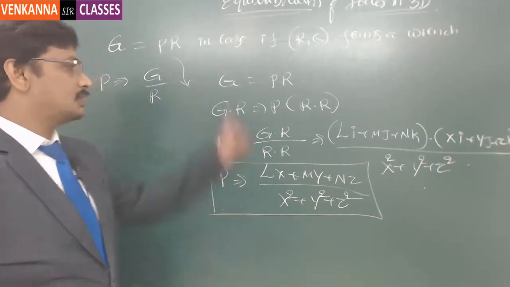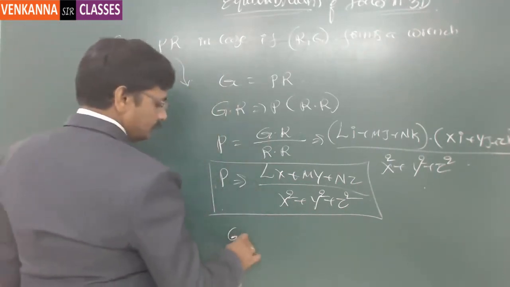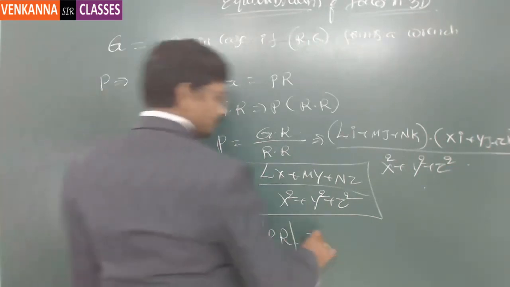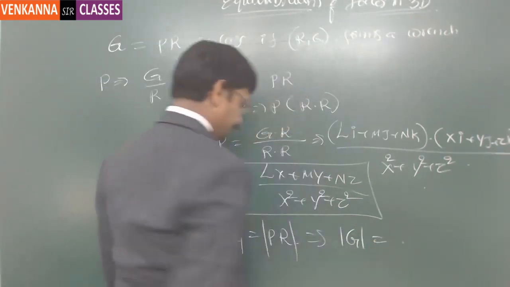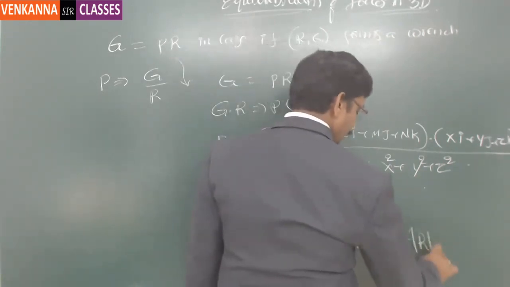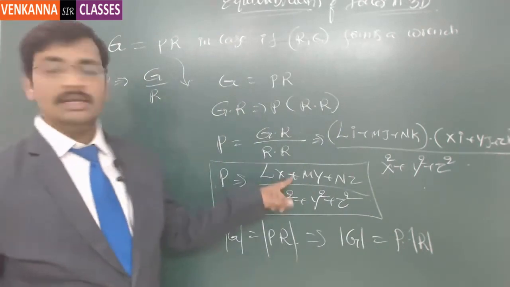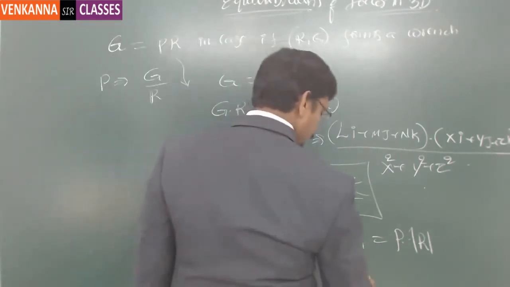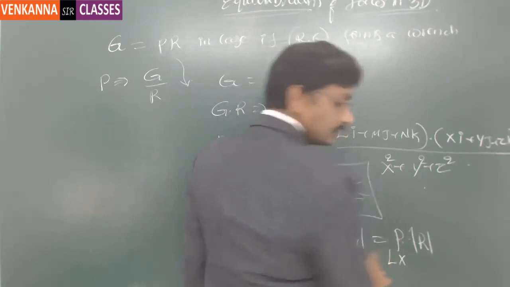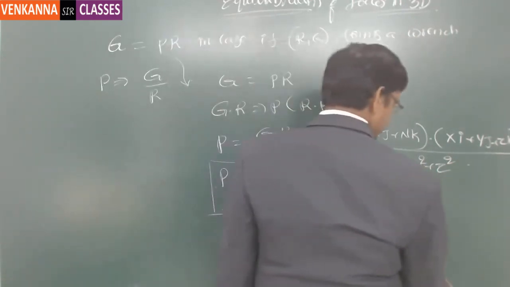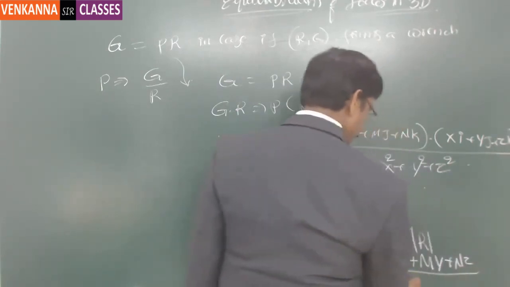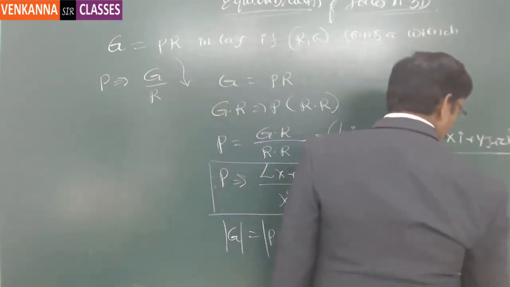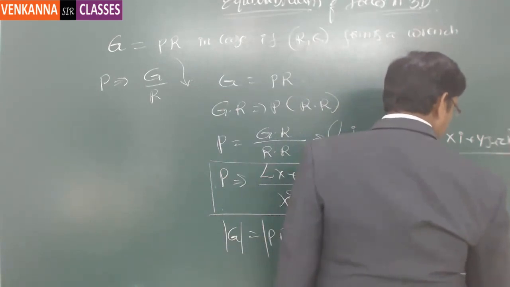Now if you back substitute this in the equation G is equal to PR and take modulus on either side, mod G is equal to P, which is a scalar, times mod R. So P you can equate to this, and multiply by modulus of R. That is, mod G is equal to Lx plus My plus Nz divided by X square plus Y square plus Z square, and mod R is again square root of X square plus Y square plus Z square.